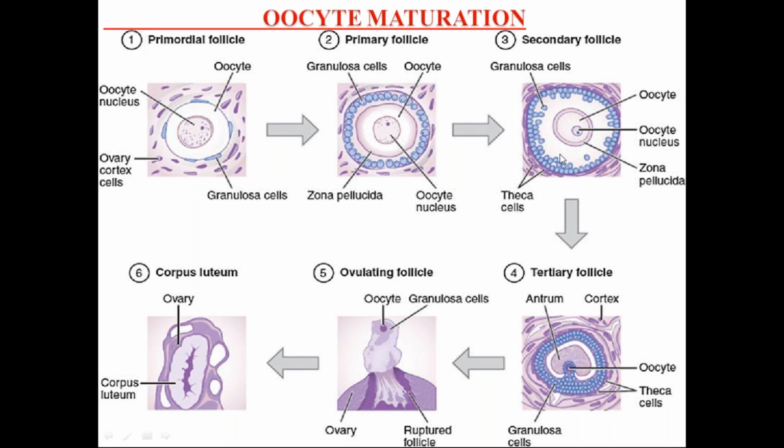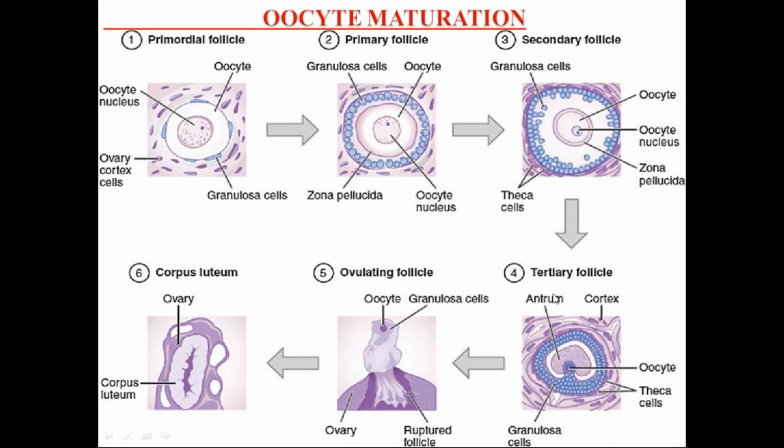Coming to the secondary follicle, it has an oocyte, zona pellucida, and an increased number of granulosa cells arranged in layers, and the theca cells get differentiated into theca interna and theca externa.